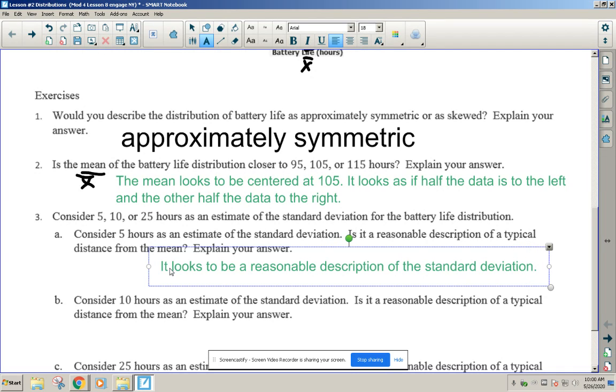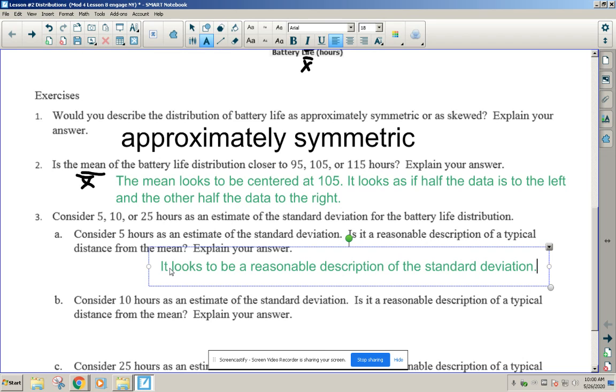Now, standard deviation is something we're really going to have to go into. Standard means, when something is a standard, it's what you go by, and the deviation is how we're spreading out. So this standard deviation of 5 looks to be very, very reasonable.